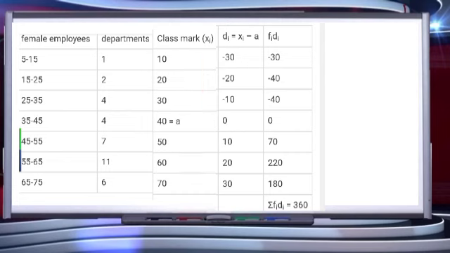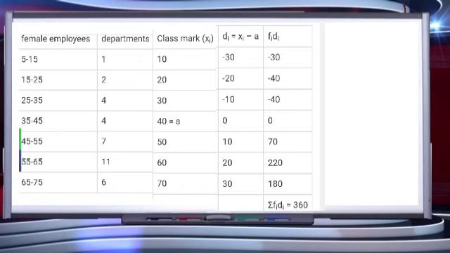Once we complete this column of xi, the next step is to assume the mean. We usually assume the mean somewhere in the middle value. Here, as we have an odd number of terms, the middle term is considered as a. Above we have 3 terms, below we have 3 terms, so 40 becomes our a.